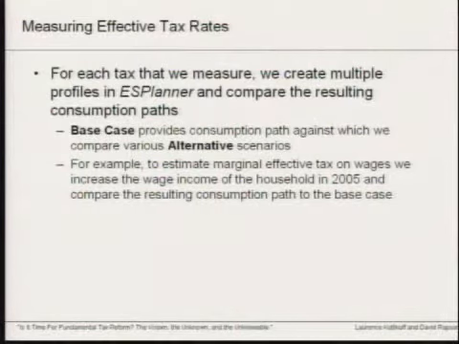Then by altering things, giving them more income, forcing them into savings, we can compare how they alter the life cycle consumption path based on the output that ES Planner gives. And as we need to, we can change the borrowing constraints or change the standard of living as required.